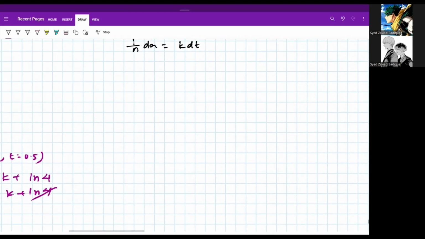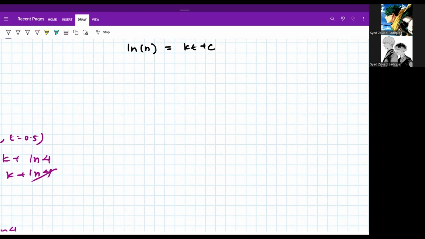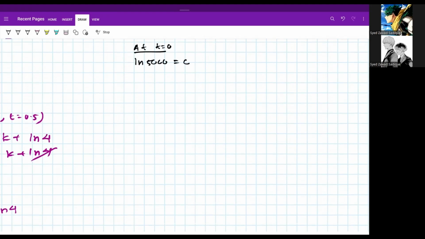So you can say ln n is equal to kt plus c. At t is equal to 0, ln 5000 is equal to c. Therefore, ln n is equal to kt plus ln 5000.